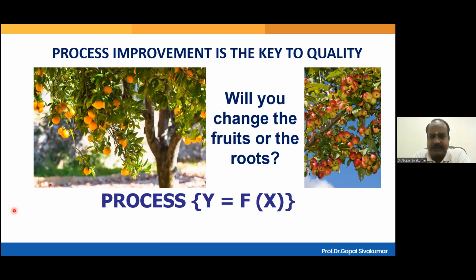Is my statement correct? Yes, sir. The quality of the output depends on the quality of the input. That is why the output is known as the dependent variable in mathematics. You all might have studied. The output is known as the dependent variable. What is that? Y variable.